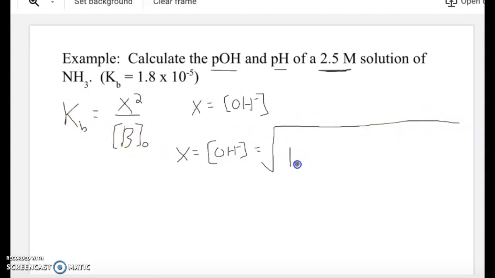So it's going to be 1.8 times 10 to the negative fifth times 2.5. Okay, so the result of that is 0.0067.